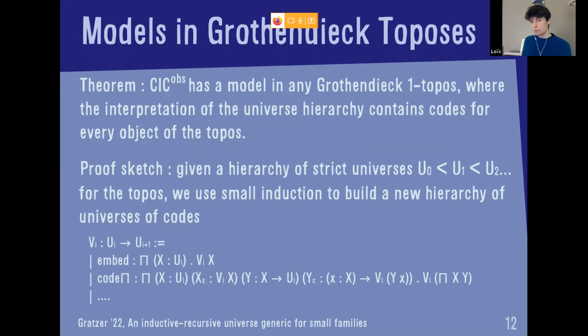So first, we assume that we have a hierarchy of strict universes for the topos, which always exists in Grothendieck toposes, as proved by Sterling et al. And from this, we can use a small induction to build a new hierarchy of universes, which will basically equip the elements of the universe hierarchy with a label that indicates how this type has been built.